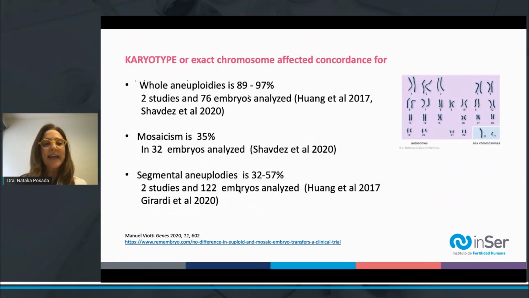In the case of karyotype concordance or exact chromosome affected concordance, this is still high for whole aneuploidies. For mosaicism, it's still around 30%, and for segmental aneuploidies, it's around 50 to 30%. So not as good a concordance for mosaicism and segmental aneuploidies.